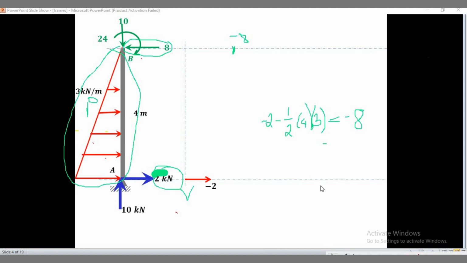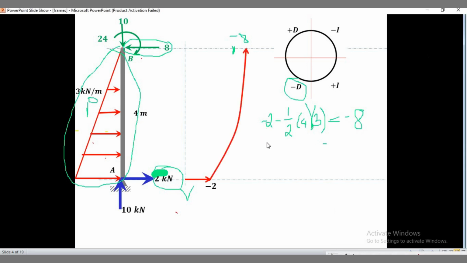Pero ano yung magiging shape nito? Downwards ba or upwards? Again, I'm going to use my diagram. Since nag-start ako dito kay 3, nag-end siya kay 0, tapos pababa, so negative decreasing. Negative decreasing. So, yung magiging shape nito ay ganun.